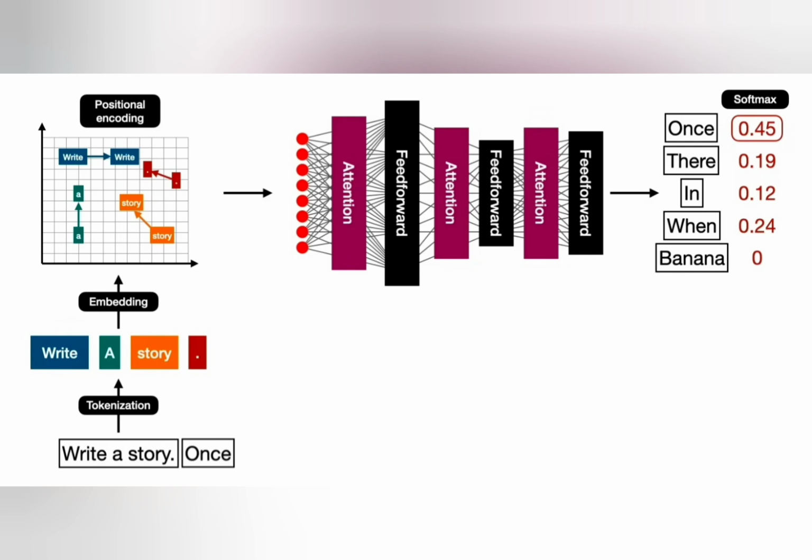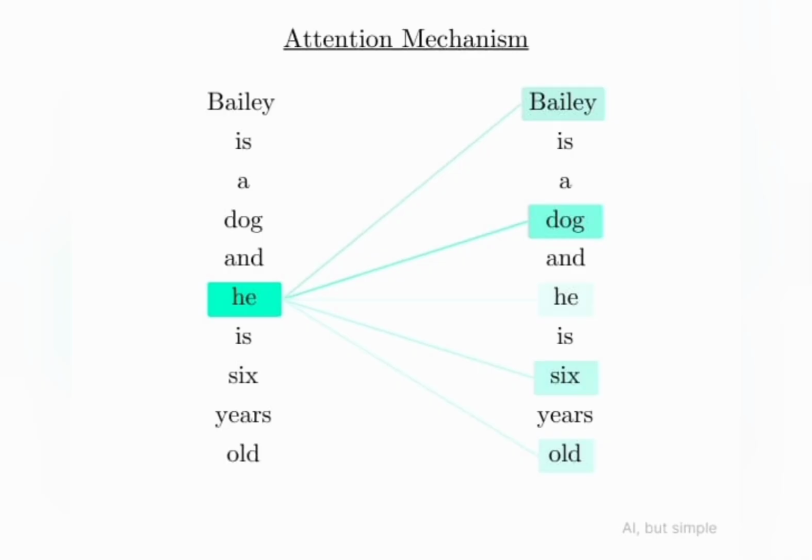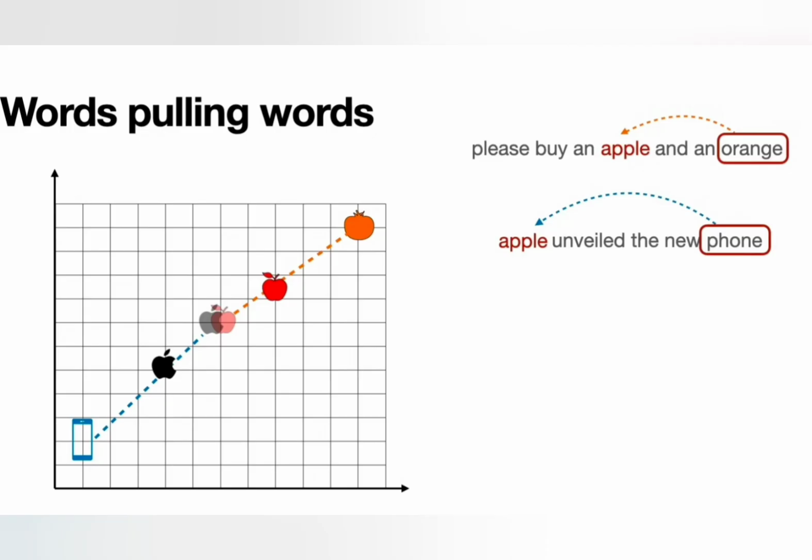Then comes attention. Attention is the heart of the transformer. This is the most important part. What is attention? We discussed it already. Attention decides which words should pay attention to which words. For example, "please buy an apple and an orange". Here apple refers to the fruit.